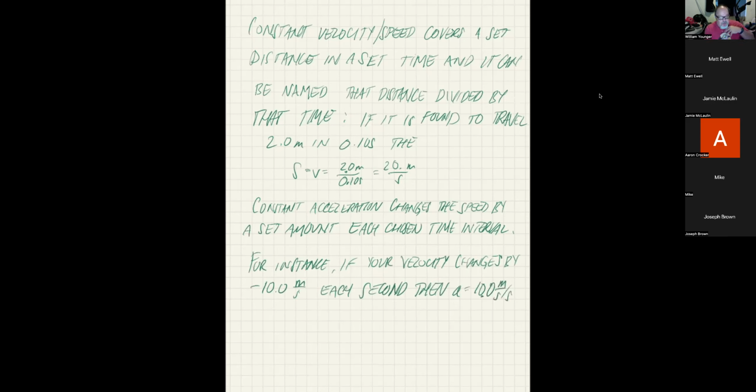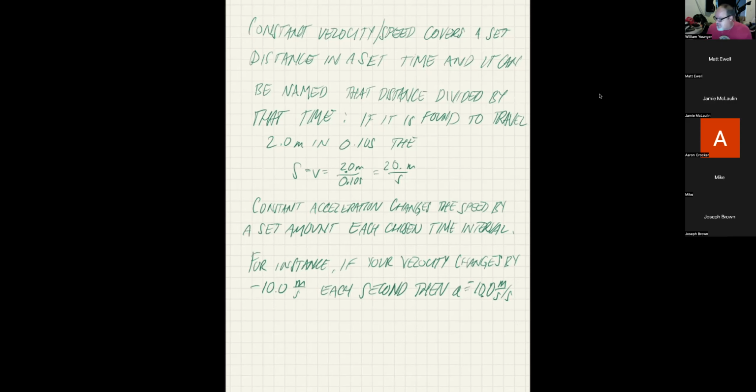So, for instance, a constant acceleration changes the speed by a set amount each chosen time interval. So we're talking here, in this case, I chose the time interval to be 1 second. So for instance, if your velocity changes by negative 10 meters per second each second, then A is negative 10 meters per second every second, which is pretty close to what gravity does.